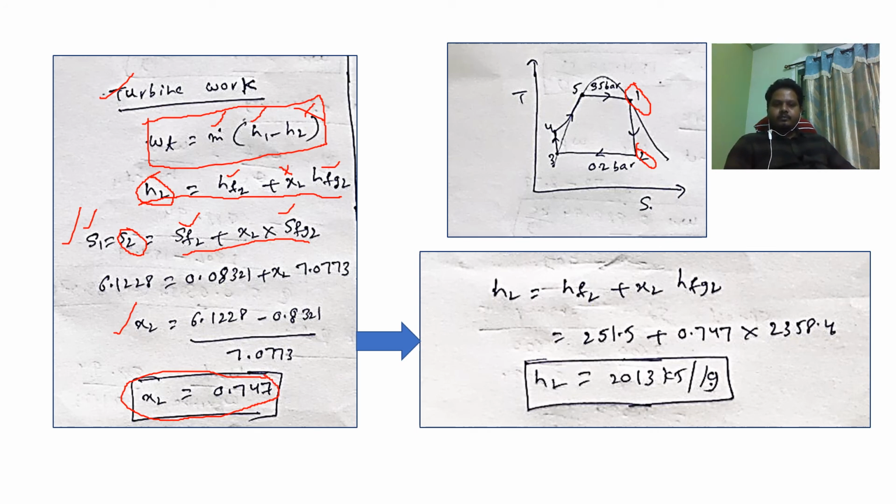Now if you substitute this x2 value in this equation, we can find h2. h2 equals hf2 plus x2 into hfg2. The hf2 and hfg2 values we have taken from the steam tables, and the x2 value we have just calculated. Once you substitute all the values, we can find the h2 value, that is 2013 kilojoules per kg.